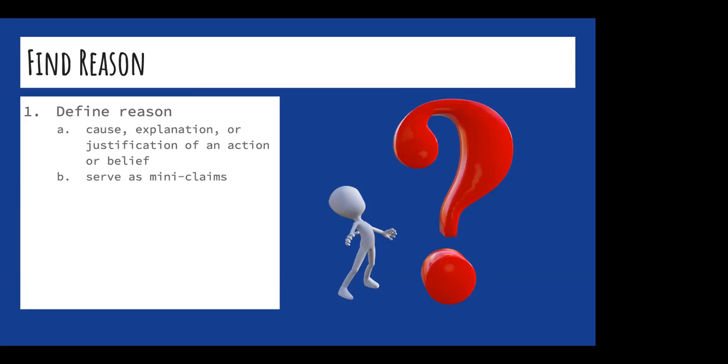It serves as a mini claim, which speaks to what Ms. Biggs just talked about. We were getting confused because it seems like the reasons could also be claims. And so when you're teaching this, it makes sense to explain to the students that you can have a big claim or an overarching claim, which is what you see in this article, but there are also reasons that serve as your mini claims.